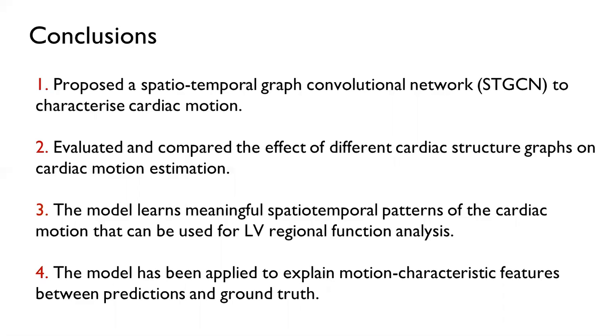The model learns meaningful spatial-temporal patterns of the cardiac motion that can be used for left ventricle regional function analysis. The model has been applied to explain motion characteristic features between prediction and the ground truth.